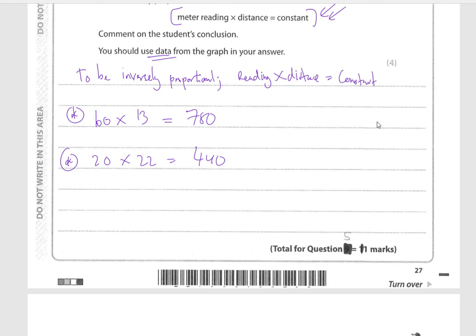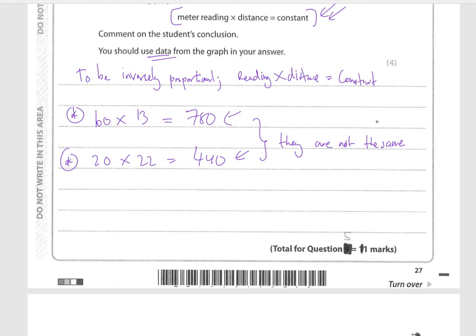Now we use the data. So what happened? They are not the same.